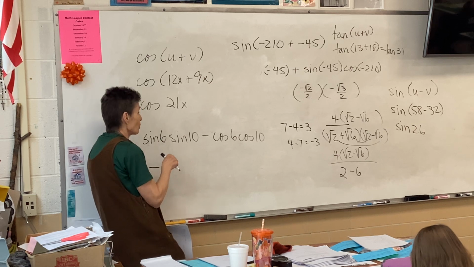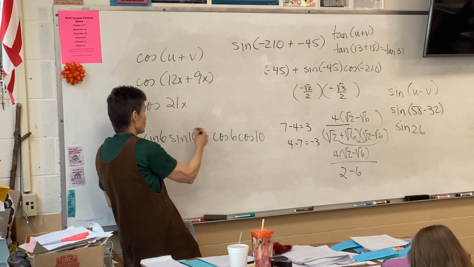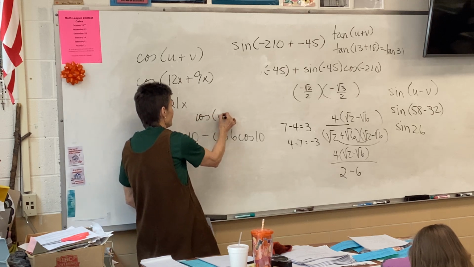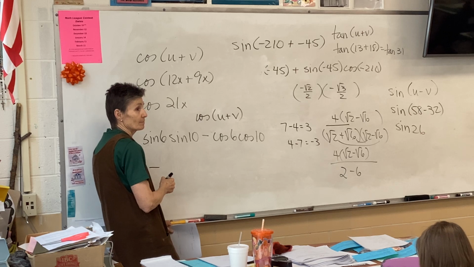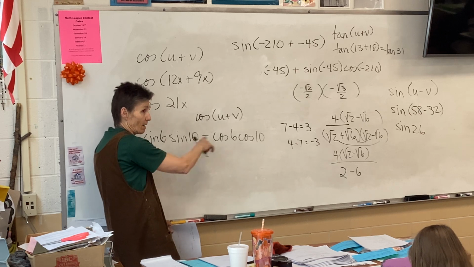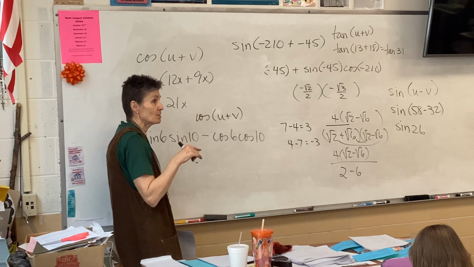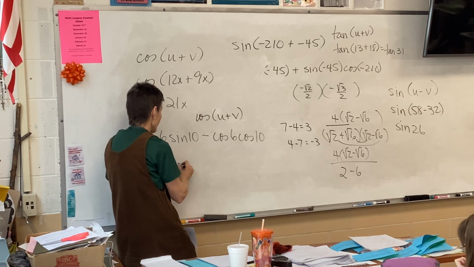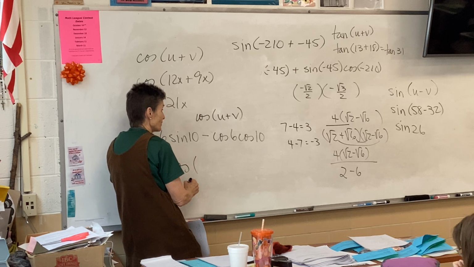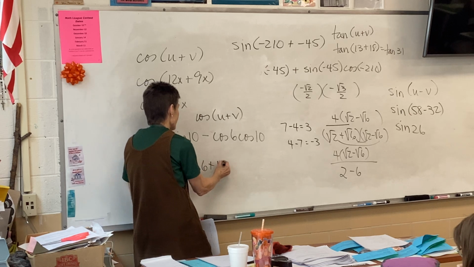So it should be the cosine of u plus v, shouldn't it? If I turned it around, wouldn't it be cosine u plus v? So now I'm going to have a cosine. What are my two angles? 6 and 10. 6 plus 10.